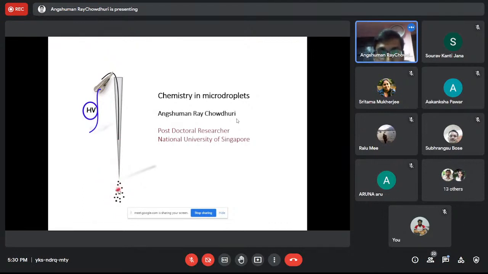These droplets behave just like a tiny reaction vessel. That means the reaction will happen inside that tiny micro droplet, and the materials will be synthesized inside those tiny droplets. That's why it is termed chemistry in micro droplets. So this is a new approach for the synthesis of materials.